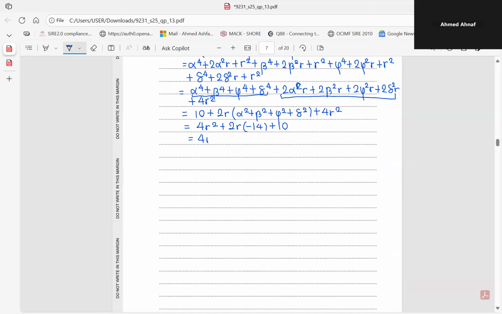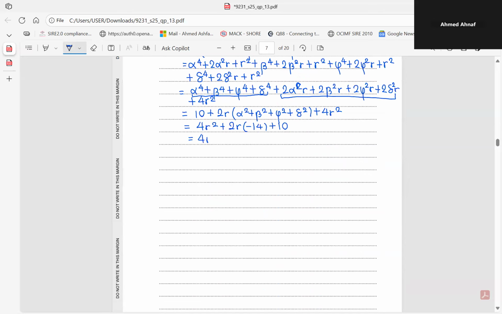So for r squared, we have this formula for r equals 1 all the way to n: 1/6 times n times n plus 1 times 2n plus 1. I'll give you some time to see it. Okay, now let's substitute it.